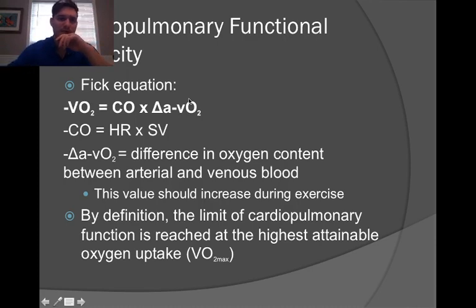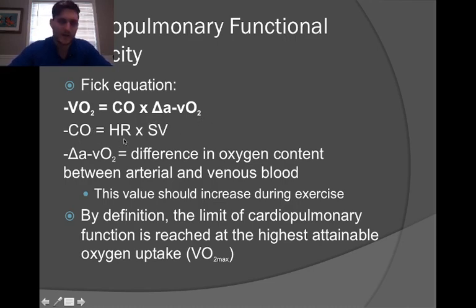And so when you find that AVO2 difference, that's basically saying how much oxygen was pulled out, how much oxygen was extracted and utilized and consumed by the cells of the body, right? So here we have how much blood is being transported, therefore how much oxygen is being transported, and then out of that blood, out of that oxygen, what is actually being utilized.